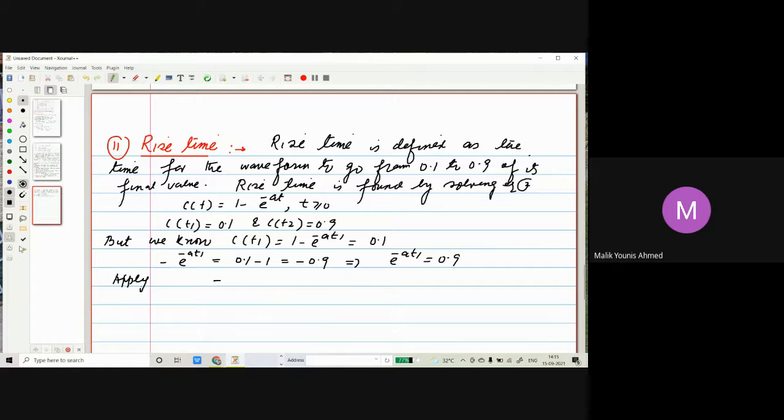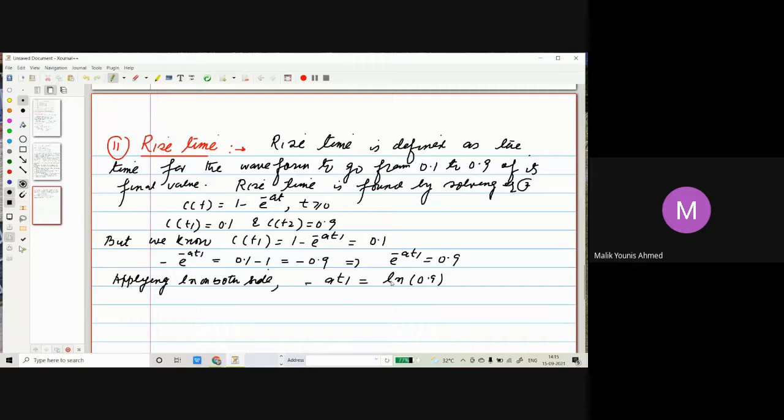So applying natural log on both sides, that will be minus a t1 equal to natural log of 0.9.